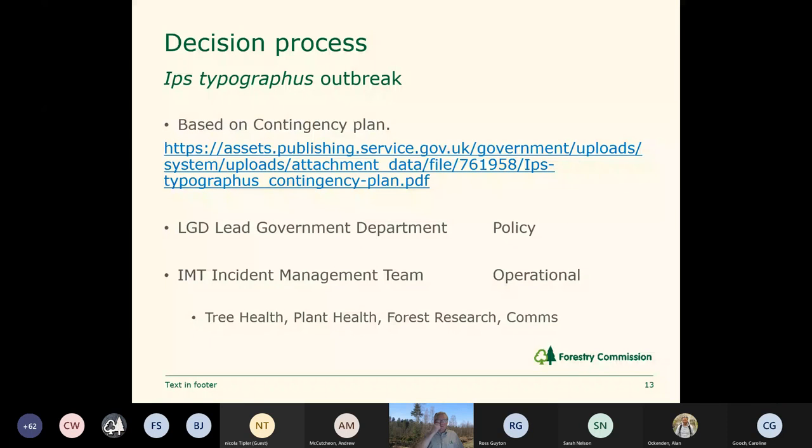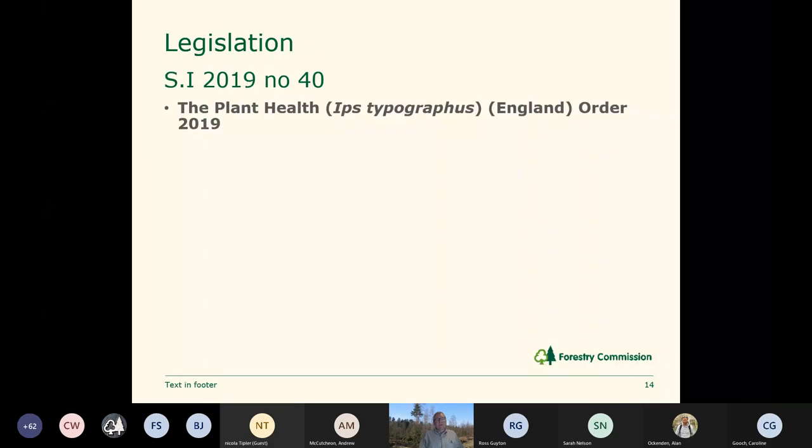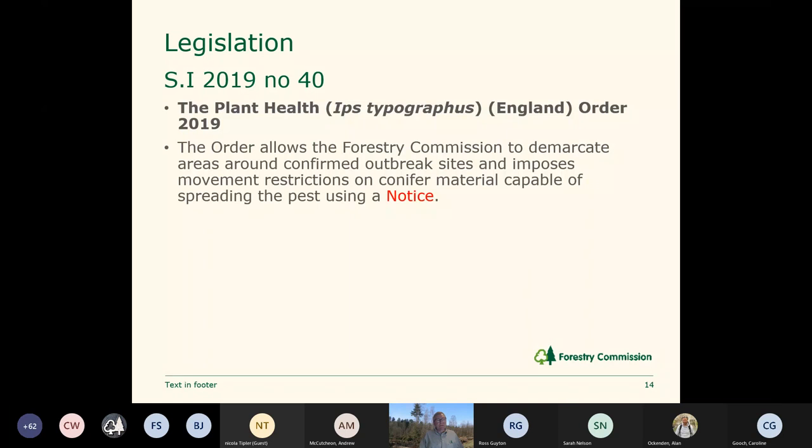The legislation that I referenced was a statutory instrument laid in 2019, and the overarching legislation, which is the plant health typographus order, allows us to demarcate areas around confirmed outbreak sites and imposes movement restrictions on conifer material capable of spreading the pest using a notice.